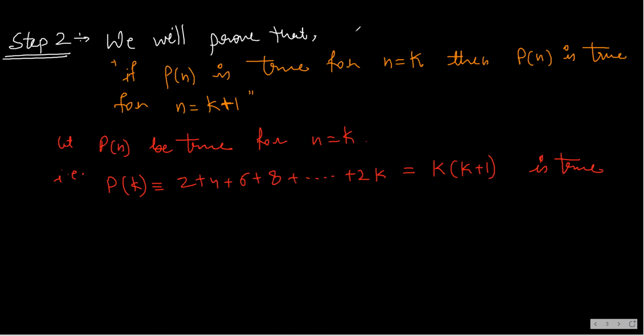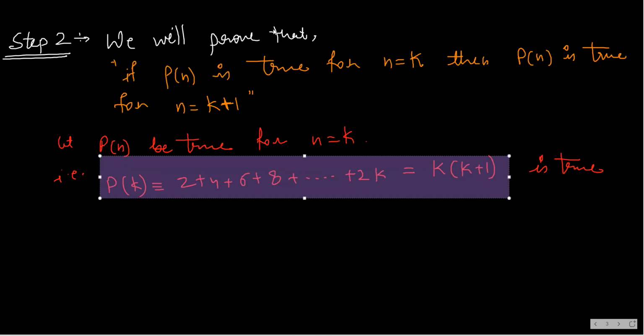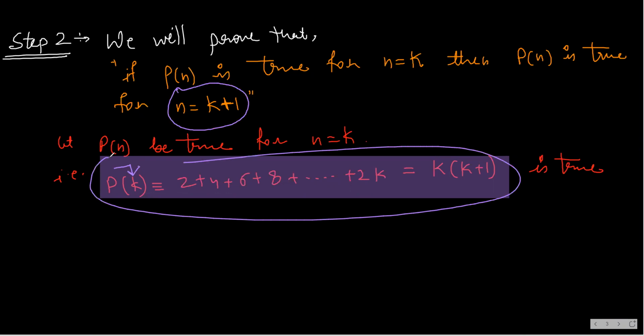We assume that this is true. Now, under the assumption, I will prove that P of n is true for n equals k plus 1. I assumed it is true for n equals k, and using this, I will prove that it is true for n equals k plus 1.